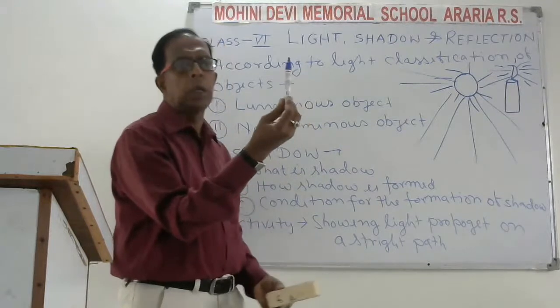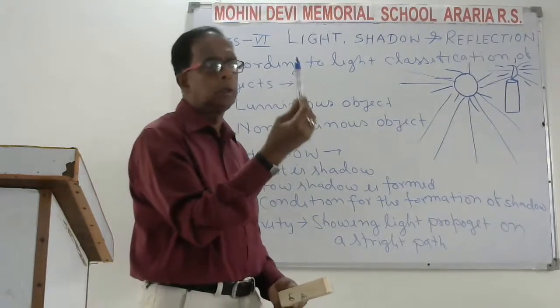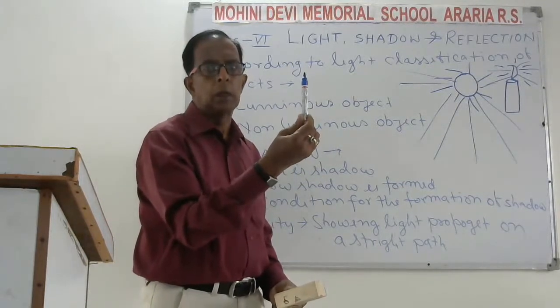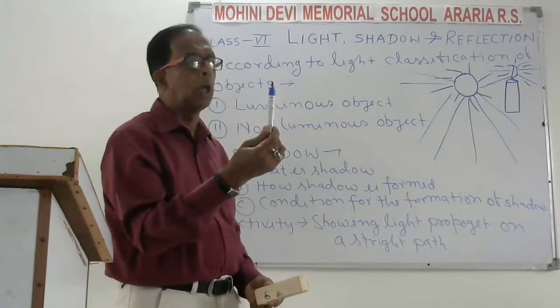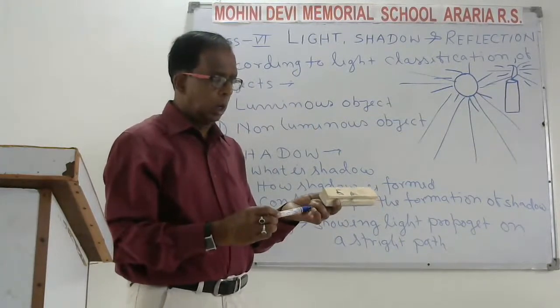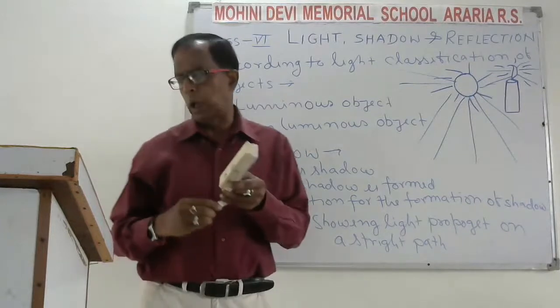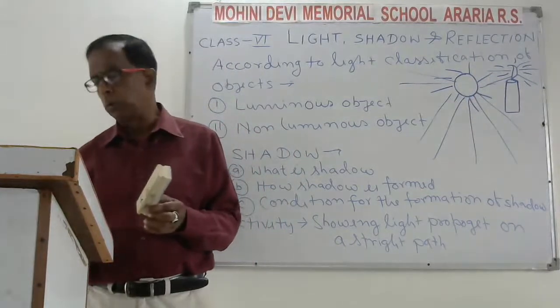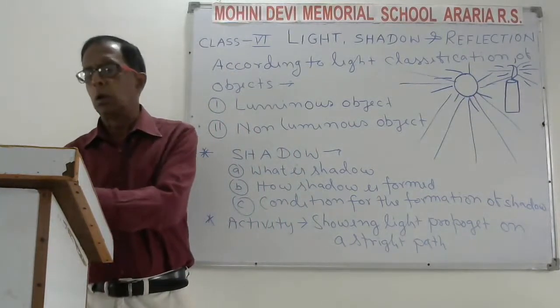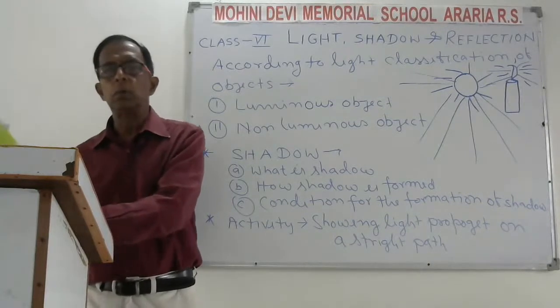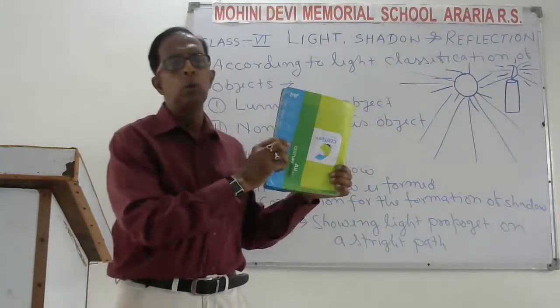This sketch pen, it does not emit light. It has not its own light. So many examples are present in front of you. This book have not its own light.